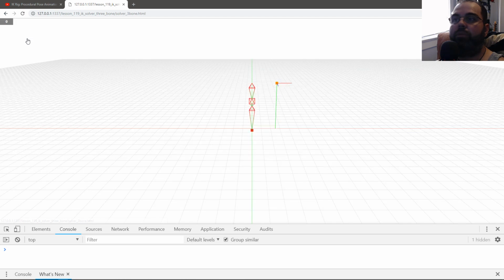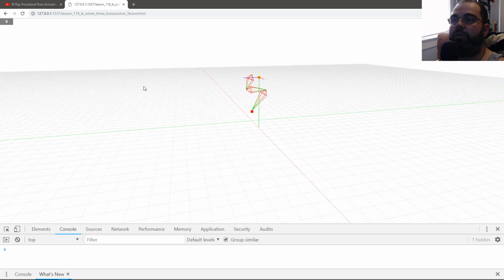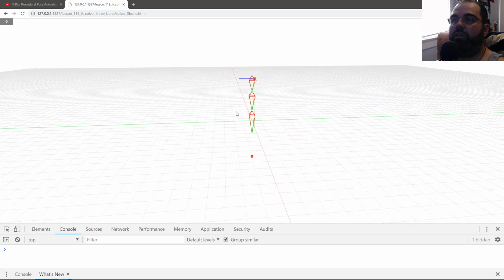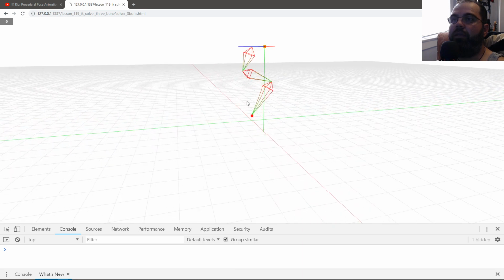So if I go to the three bone solver, right here I have the three bone solver already working, and you notice each bone is slightly longer than the next. So like I said, even though I'm using the center bone, this probably can fold slightly better if I did a variable.